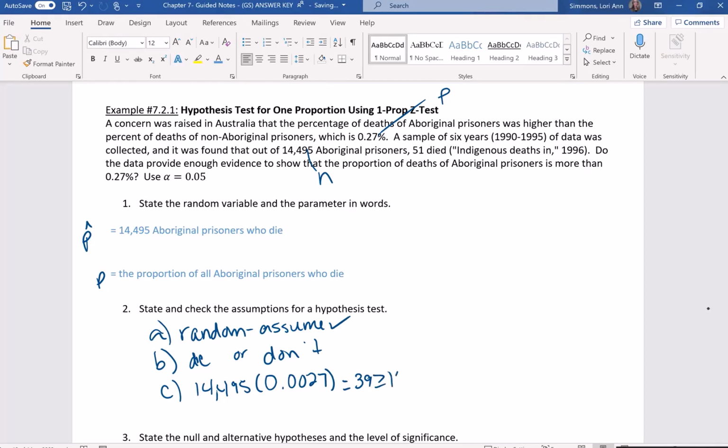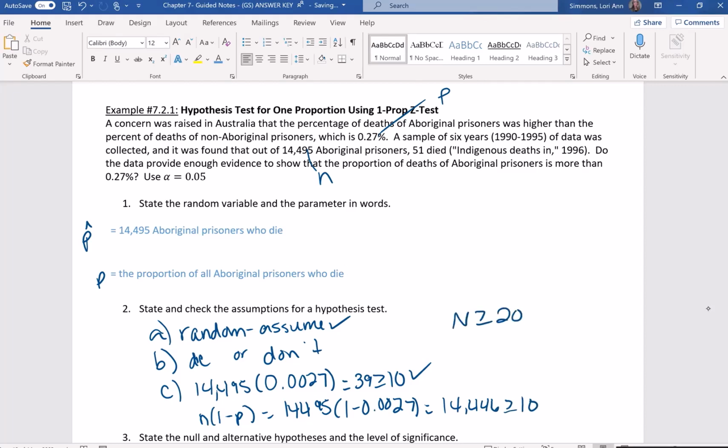That is greater than or equal to 10. And then you do N times 1 minus P, which is going to equal 14,446. That's definitely greater than or equal to 10. And we're going to assume the population is greater than or equal to 20N.